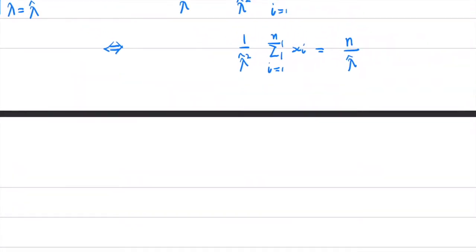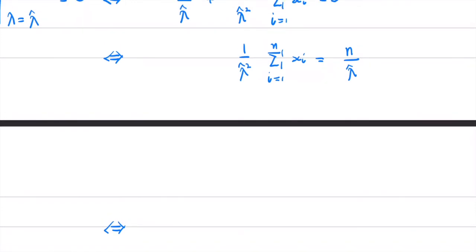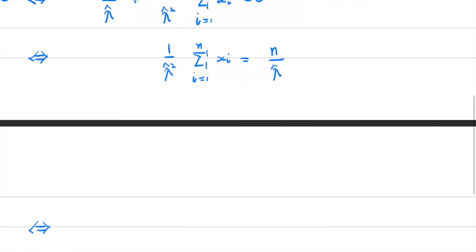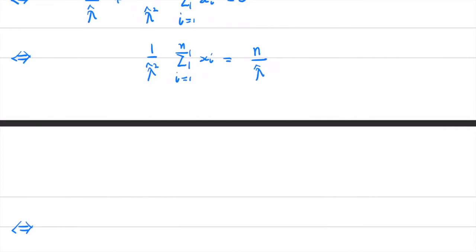So again, continuing with our solving here, what are we going to do? We're going to multiply both sides by lambda hat squared on n.